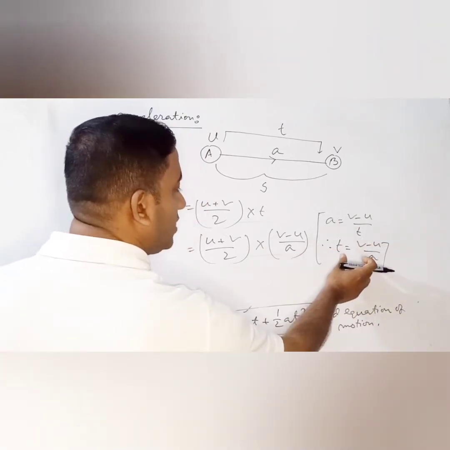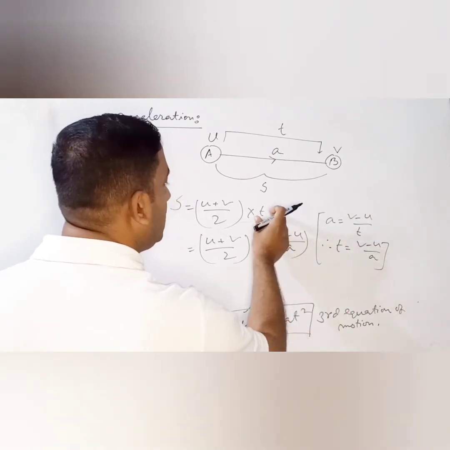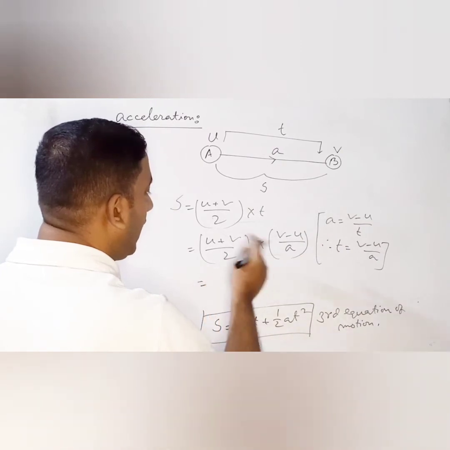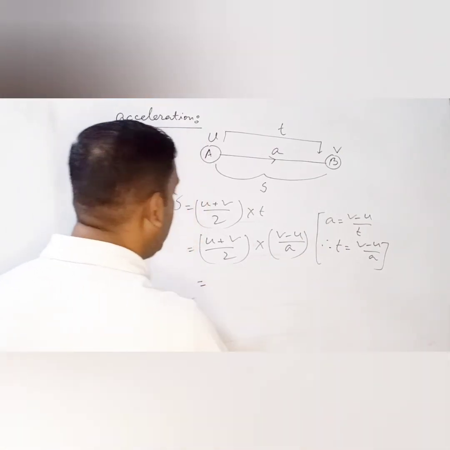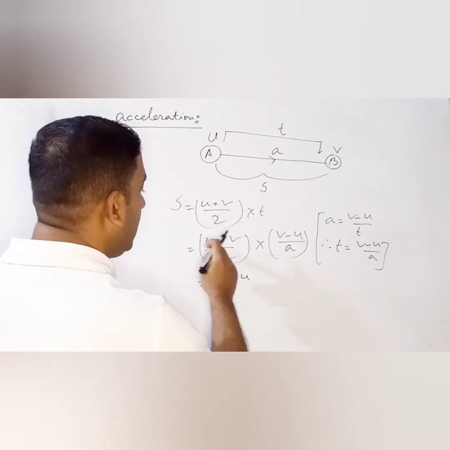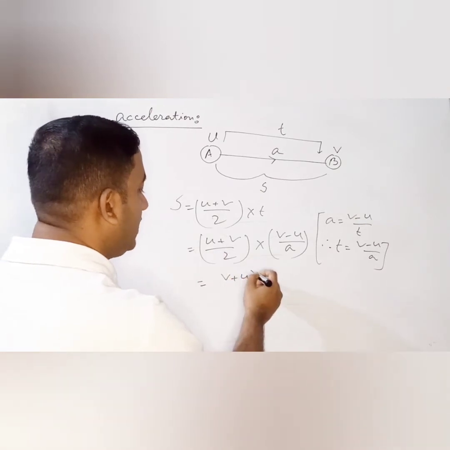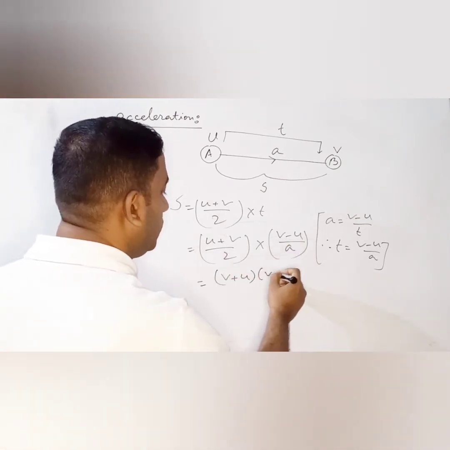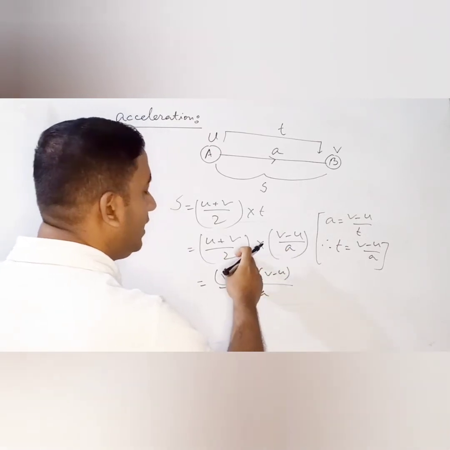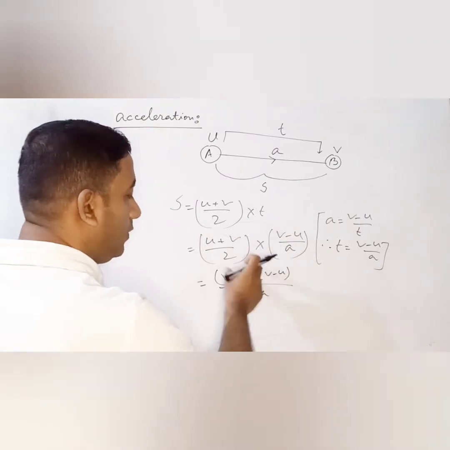Just put the value t equals to v minus u by a instead of t, and then I will arrange it, that is v plus u. u plus v and v plus u both are positive, so same way, and v minus u divided by 2 into a. Just I did multiply in numerator and also denominator.